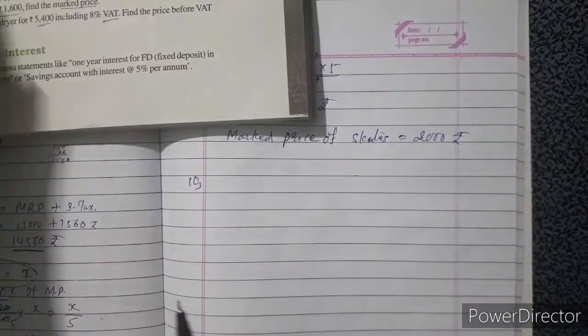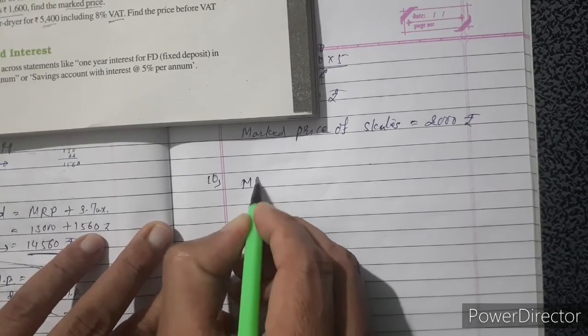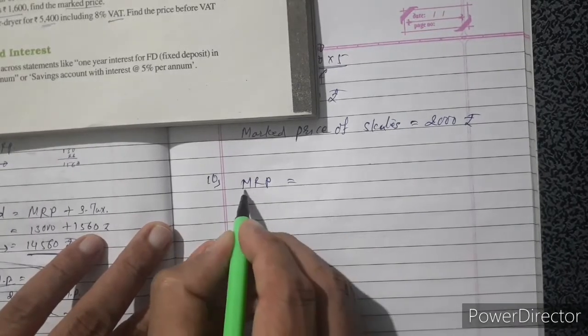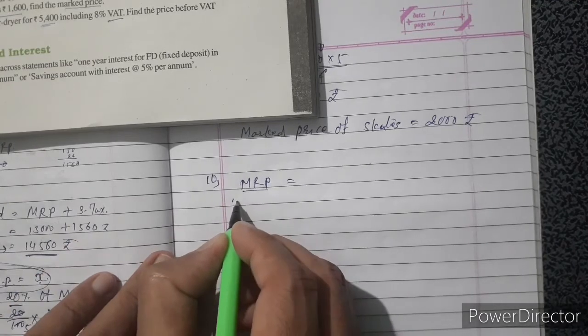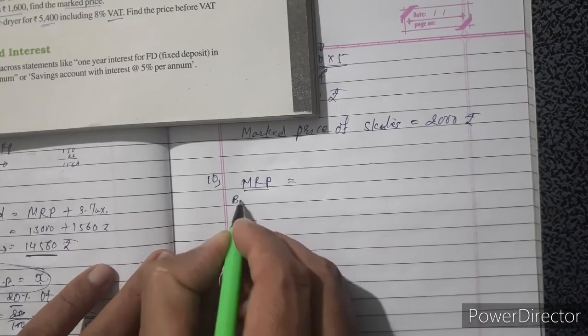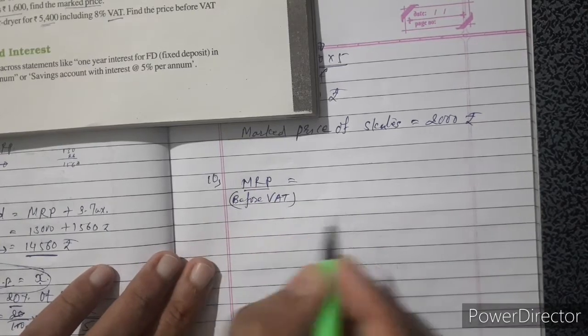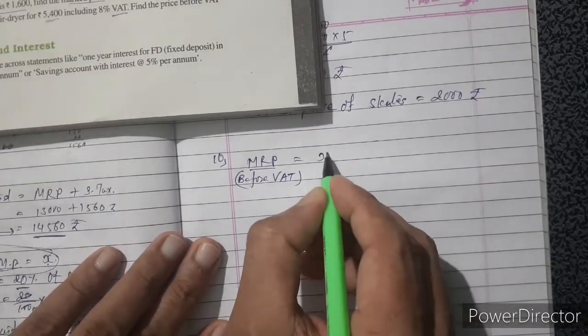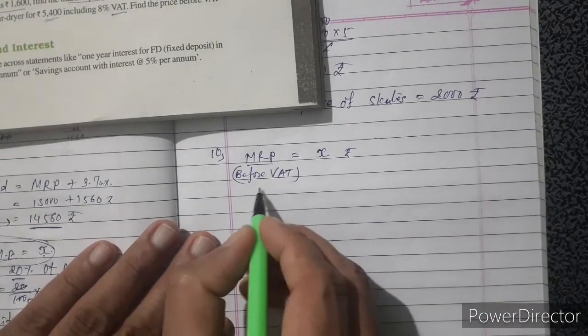So suppose you just find the MRP, the value without VAT, before VAT. Suppose it is X rupees, it is not given.